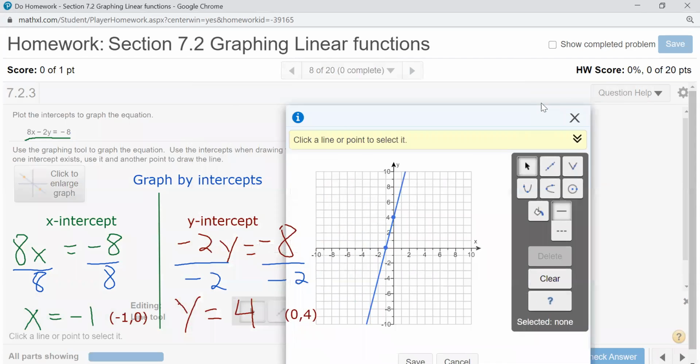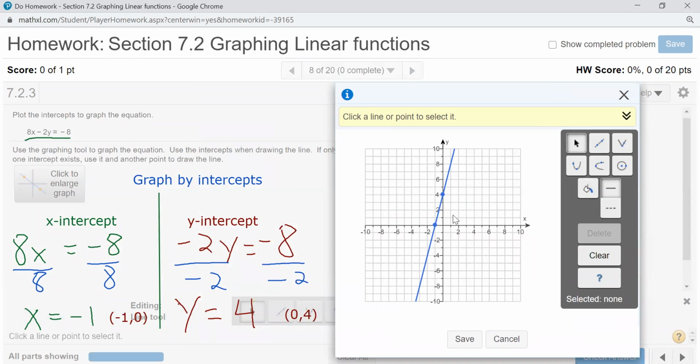So let's reiterate. Hard to zoom in on this thing, but basically -1, 0 is right here. I accidentally graphed 1, 0. -1, 0, and then 0, 4 on the y-axis. Connect the dots and you have a line. Yes?